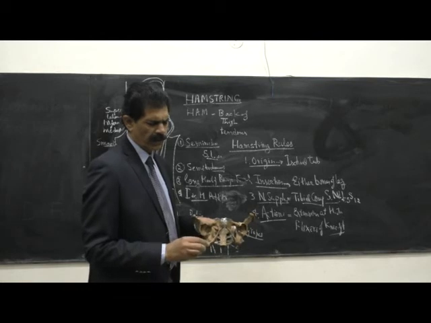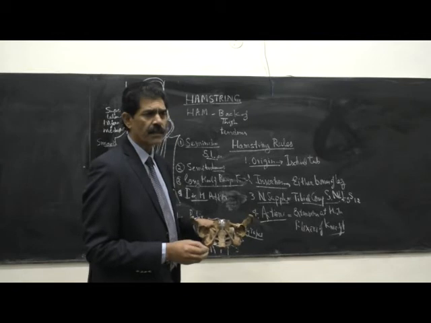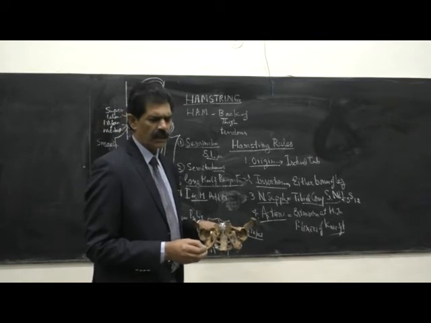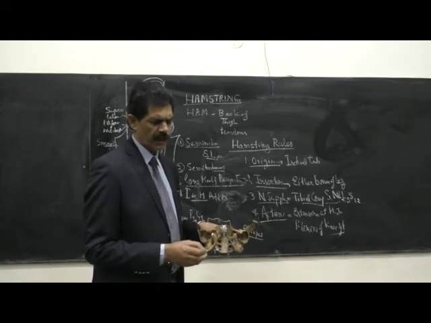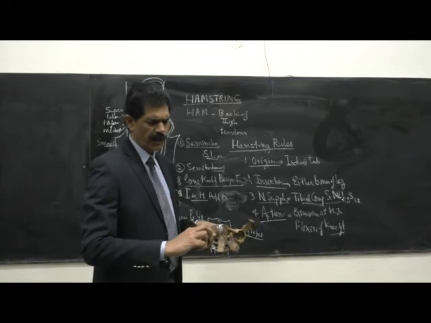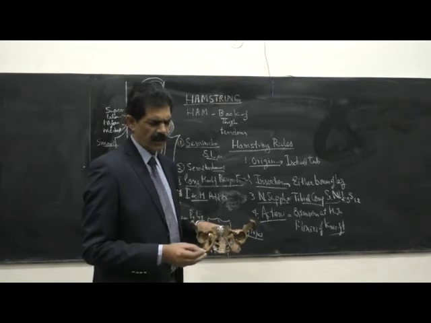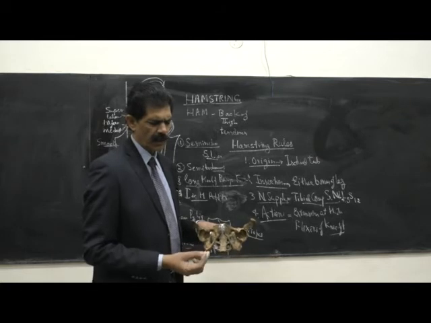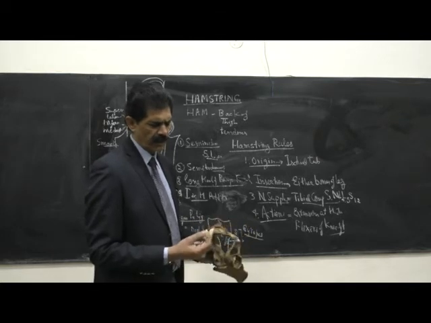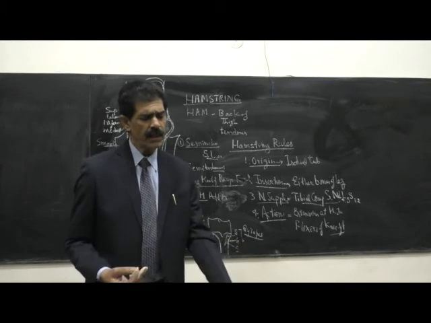So from this point of origin, the muscle is called the hamstring part or ischial head, because the upper part is taking origin from the pubic bone. Only the last fibers of the adductor magnus, which take origin from the small area of the medial part of the ischial tuberosity, are included in the hamstring.